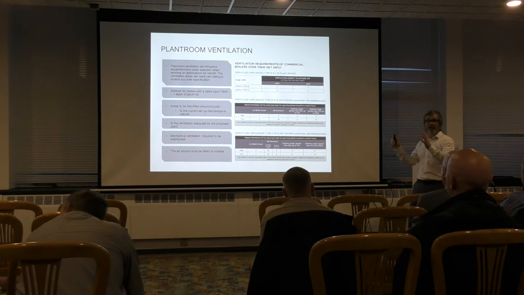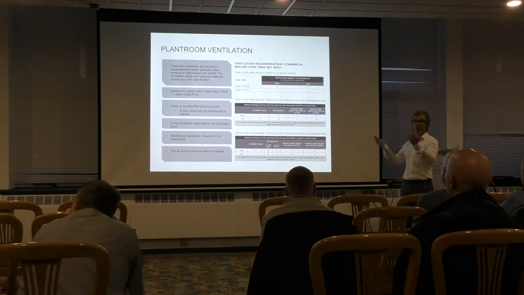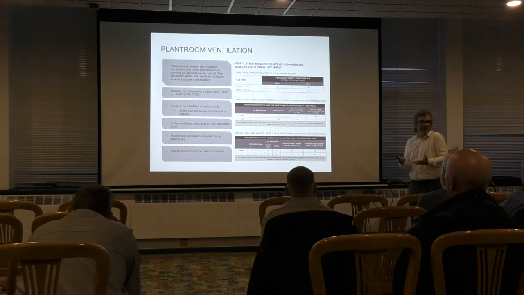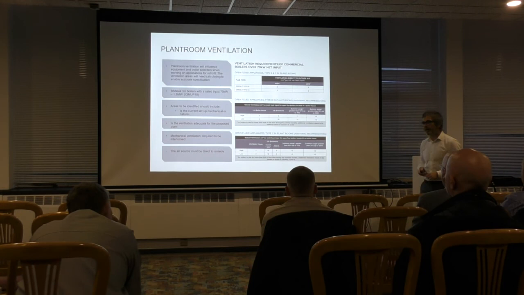You can still shut off that corridor. Even if there are no doors there at the moment, they can still put doors in. So what I say is always go direct to outside, because unless someone physically goes out and boards up a louvre, you're not going to lose that ventilation.